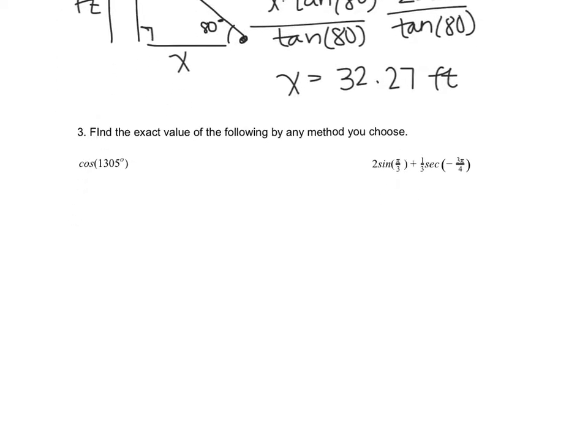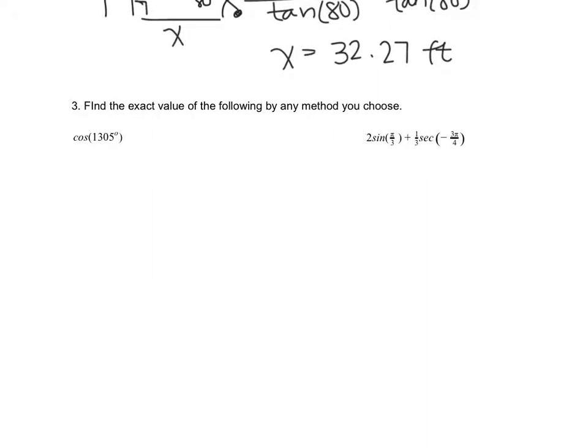Okay. Number 3, we want to find the exact value of the following by any method you choose. So we look at our first example. We want to find the cosine of 1,305 degrees. So the first thing I'm going to do is to find the angle between 0 and 360 that is equivalent to 1,305.